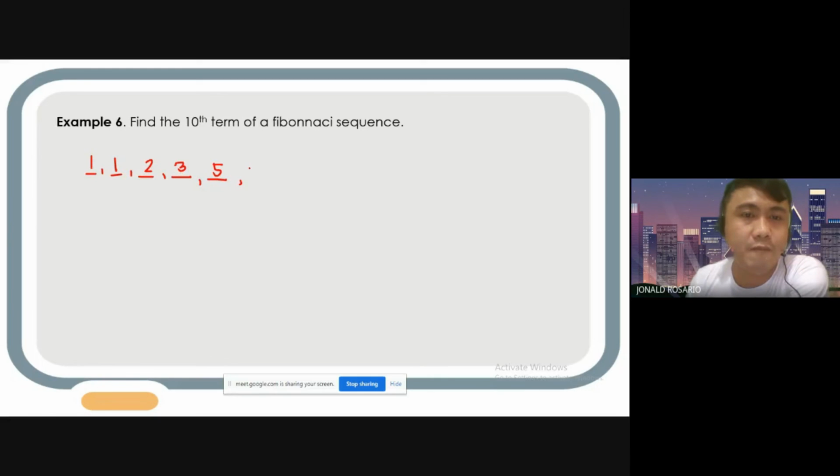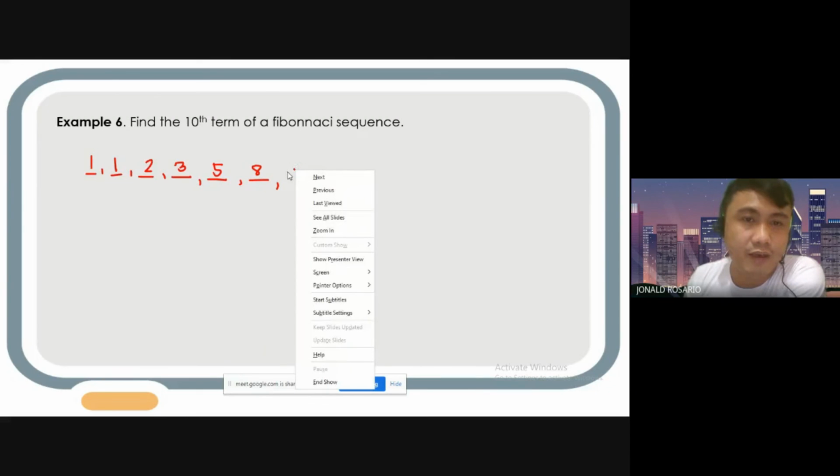Para makuha yung pang-anim, 3 plus 5 is 8. Para makuha yung pang-pito, 5 plus 8 is, actually wala tayong fixed na formula dito. Basta ang formula lang natin is i-add natin yung mga preceding terms na dalawa.